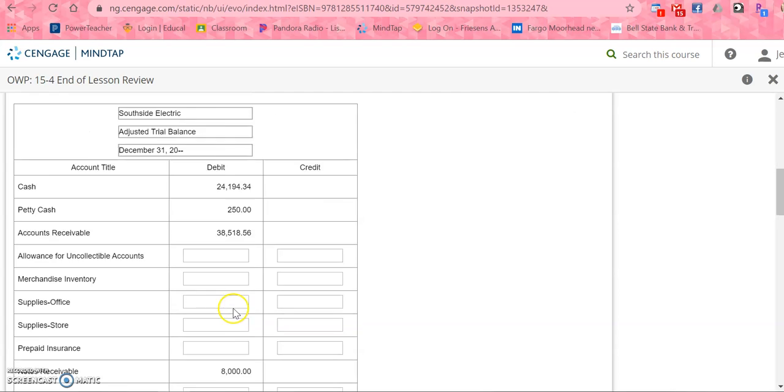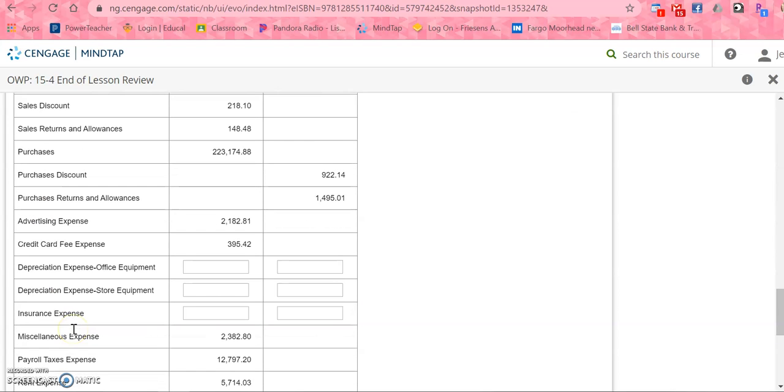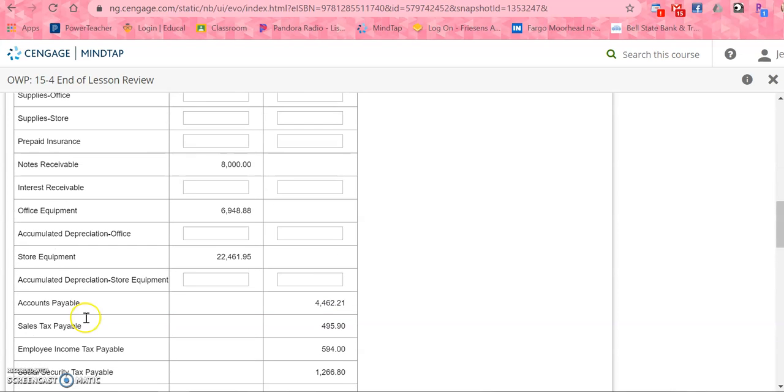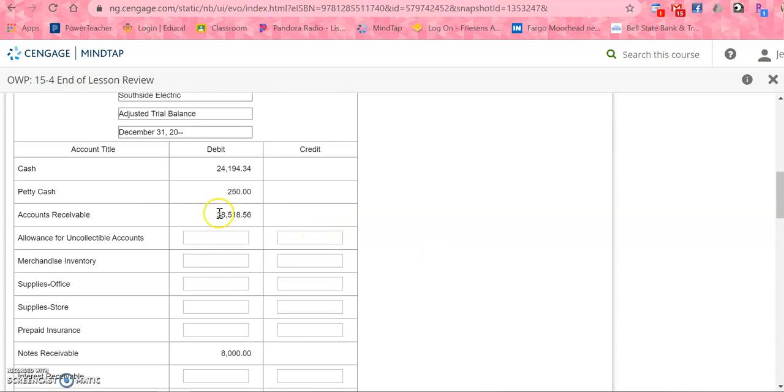Now, they've already filled in all of our account names, which is awesome. And they filled in a lot of the totals, the debits and credits too. So we just need to go in and fill those ones that are missing. So I'm just going to go line by line. Big thing that we want to remember here is we want to make sure that we are looking at if those balances are debits or credits, because if we put it in the wrong column, that's going to throw off everything.